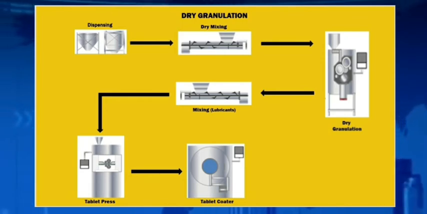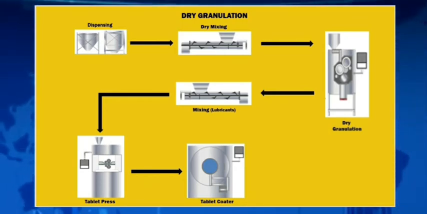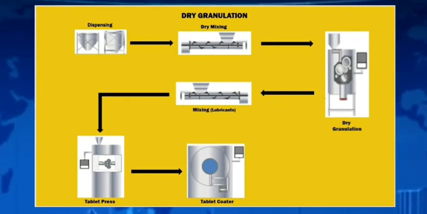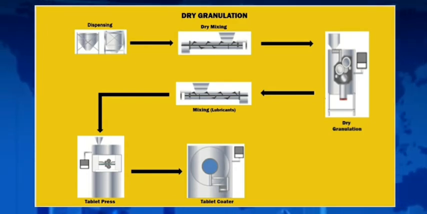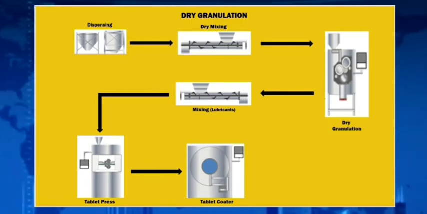These slugs are milled, and once we get the granules, the mixing of the disintegrants and the lubricants is done with them, and then the compression is done for the final tablets.